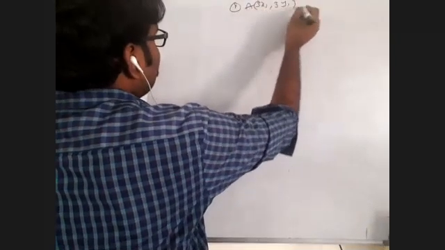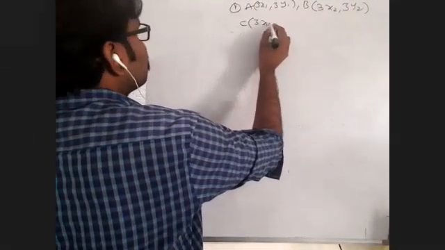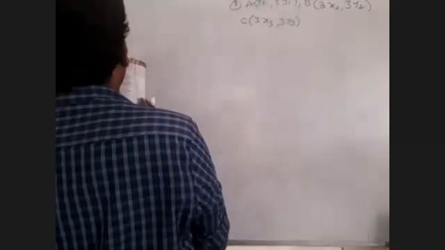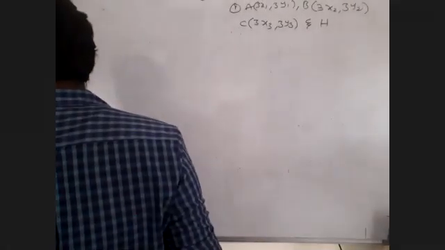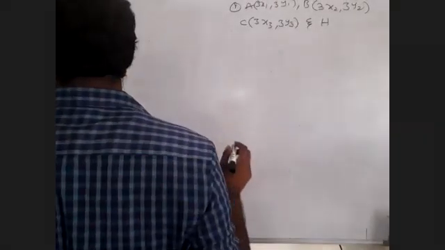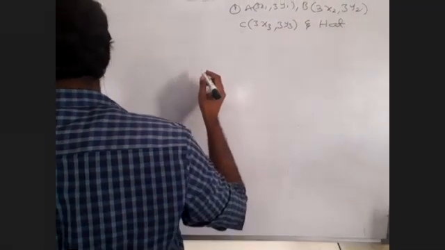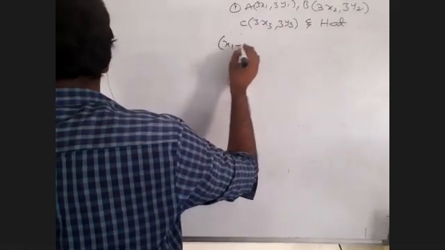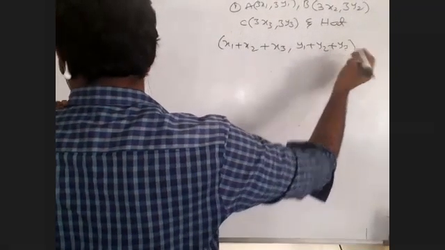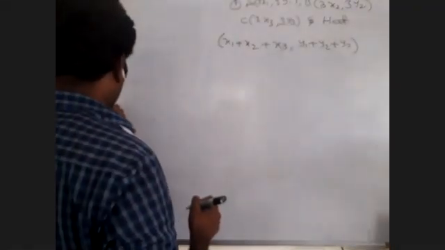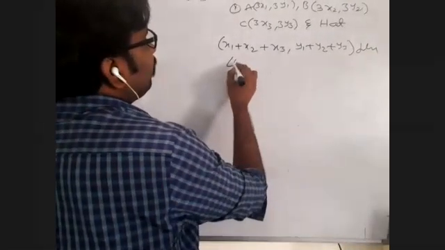If A is 3x1 comma 3y1, B is 3x2 comma 3y2 and C is 3x3 comma 3y3, the vertices of a triangle, and the orthocenter H is at x1 plus x2 plus x3 comma y1 plus y2 plus y3, then angle B, that means angle ABC, is what?